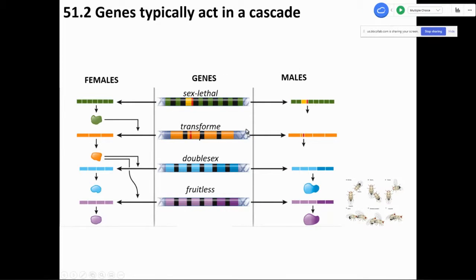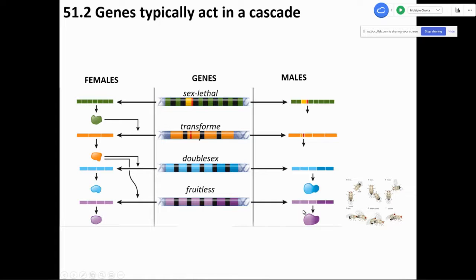That's correct. We gave this example of this cascade of genes that control fruit fly courtship dances, and how the way these genes are spliced at the beginning, in females, is spliced one way that affects how the next gene is spliced, which affects how the next gene is spliced, etc. Doublesex controls sex morphology. Fruitless controls the male courtship dance. So you could have a mutation in any one of this sequence of genes, and it could disrupt downstream behavior.